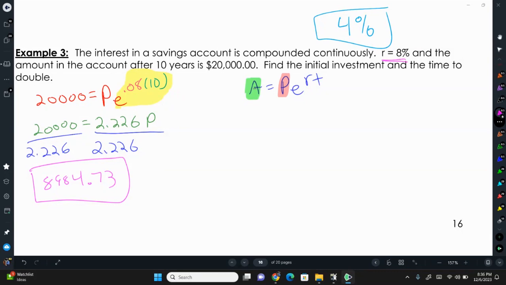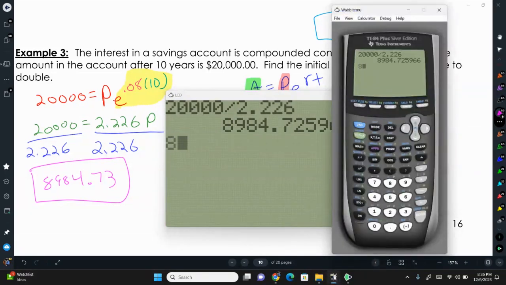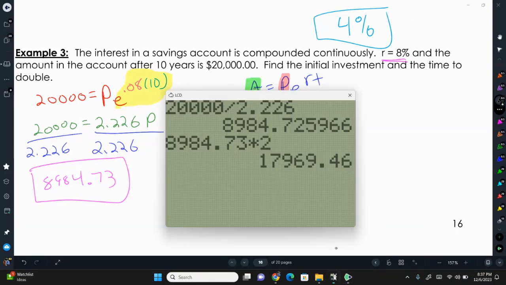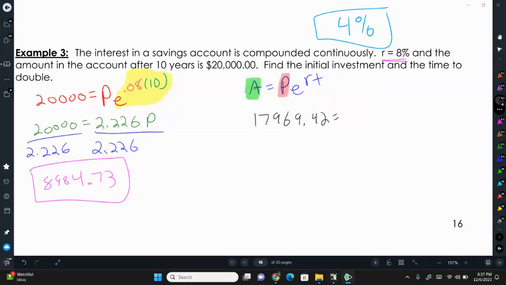Okay, well, if we have our P value is 8,984.73, if we double that, so 8,984.73 times 2, we get 17,969.42 equals our initial amount, which we calculated in the first part as 8,984.73 times e to the rt power.